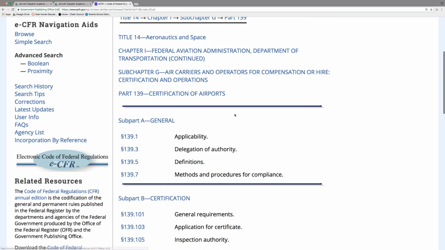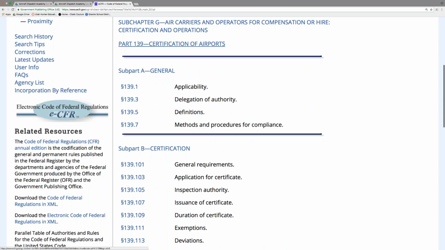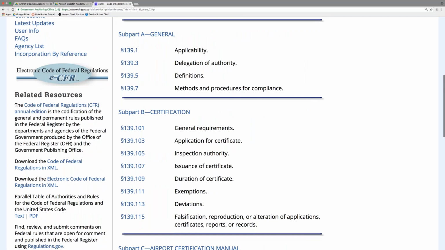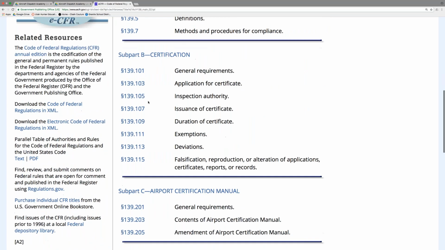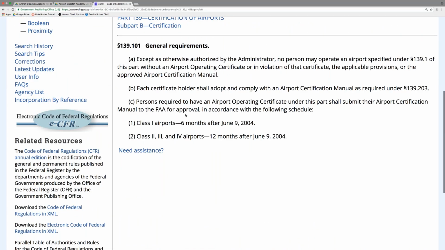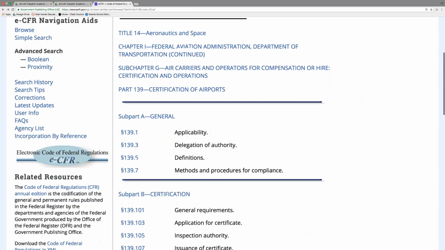So Part 139 just talks about the certification of airports. It basically says what the requirements of the airport are. Sorry, it's certifications of the airport? Yeah, certification of airports.